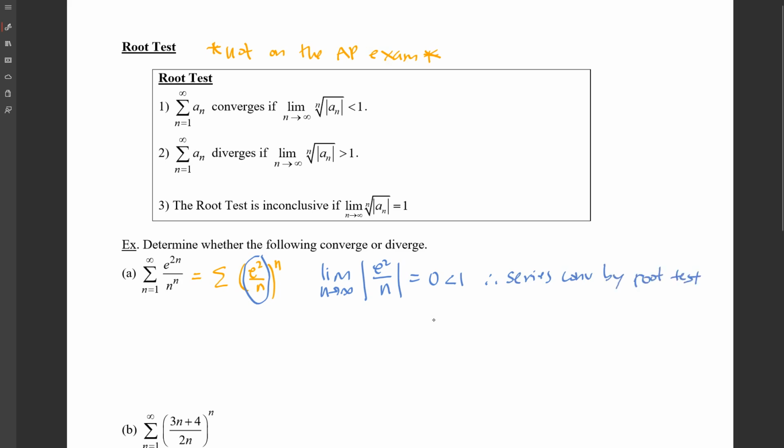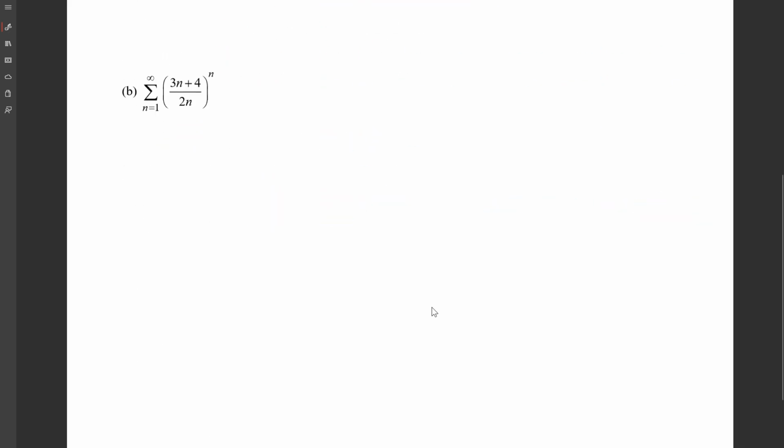All right, so root test actually, if you think about it, is a lot like the geometric series test. It's just that the geometric series test doesn't allow you to have an n in here, but the root test does. So let's look at another example for root test. Root test says if you have something that is raised to the nth power, then all you need to do is take the limit as n goes to infinity of that something, so of that 3n plus 4 over 2n, the absolute value of that.